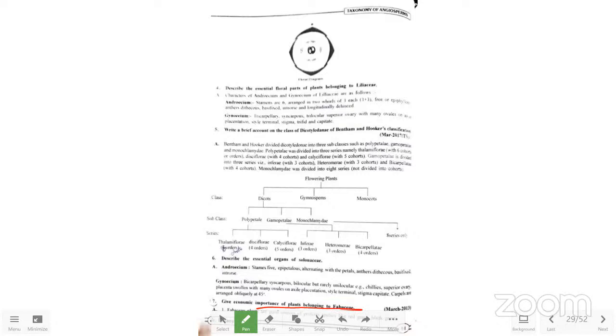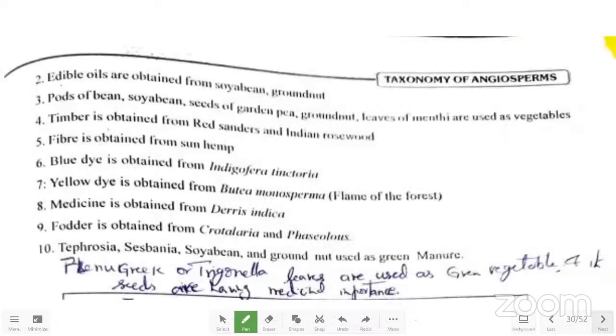Whenever we are saying the economic importance of Fabaceae family, the first one we have to write is that these plants have a great yield of pulses.